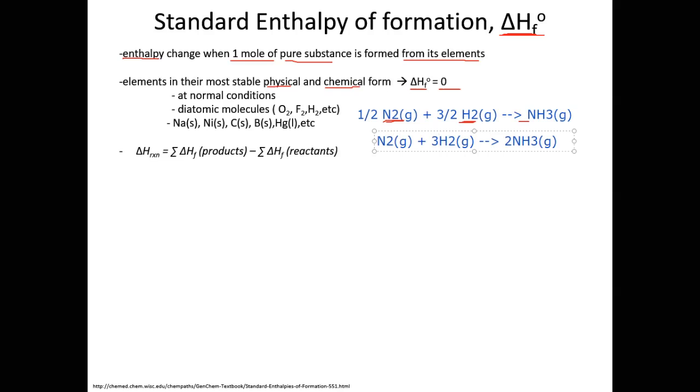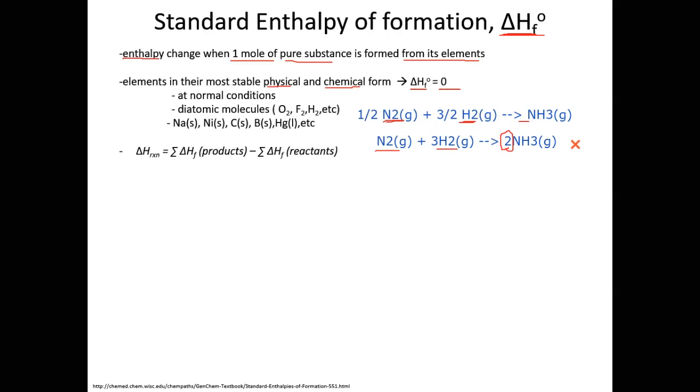Now this second equation would not be a heat of formation reaction. And the reason is because we still have our elements in their stable form. However, we produce 2 moles of product, not 1. So this would not be a heat of formation reaction.